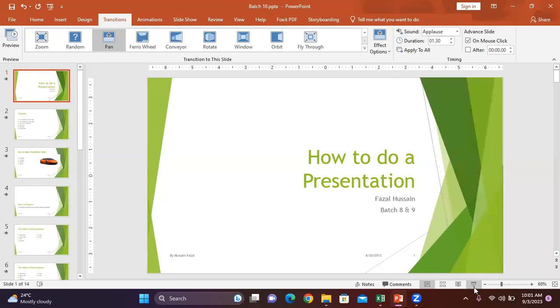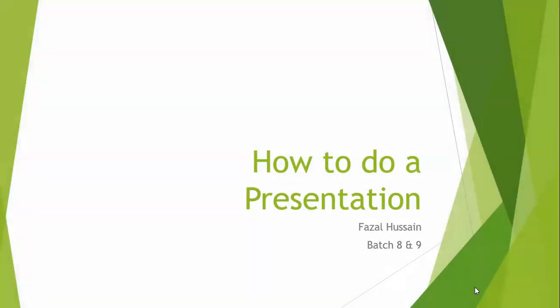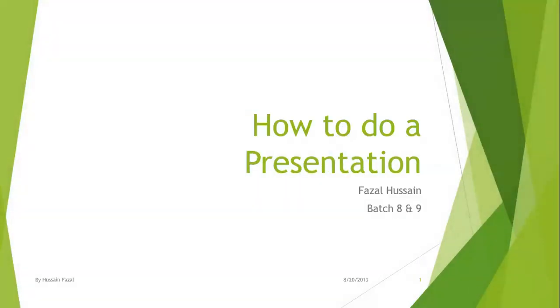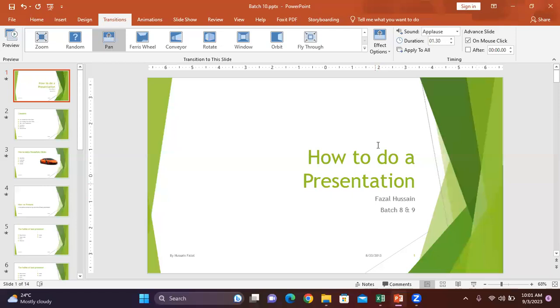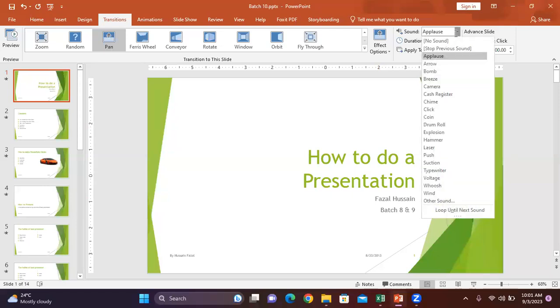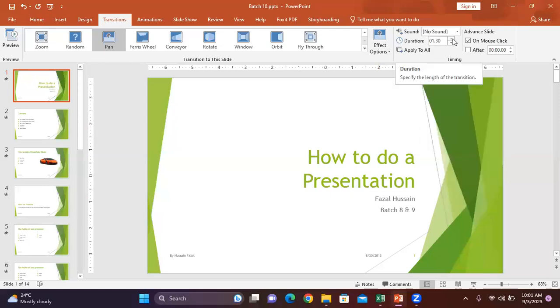See, if you start this, those kinds of sounds you can apply. We don't use it at times, but in some situations you might need to, so then you can use it. Then you can apply some duration. It says 1 minute 30 seconds. Or else here you can see it says advance slide on mouse click.